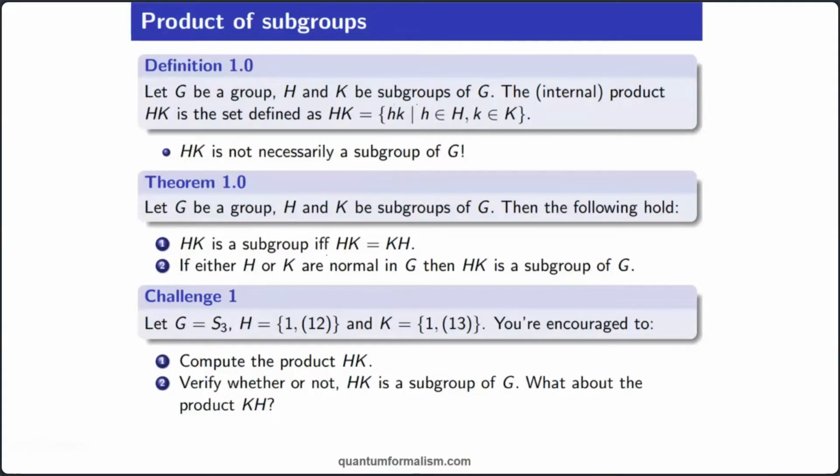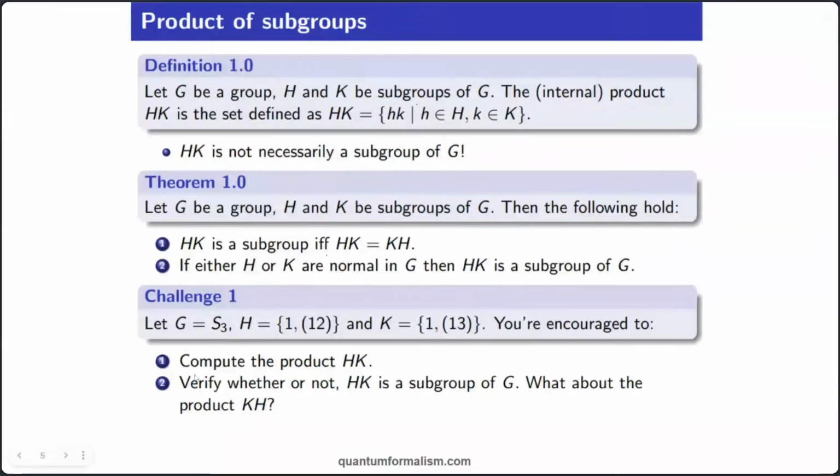An example, I know everyone is tired of permutation groups, but until we get to matrix groups, they are our favorite toy examples. So the example here is G to be S3, and H is made of the identity permutation and the cycle (1 2), and K is made of, obviously, because they are subgroups, they need to contain the identity, so K also has the identity permutation, but it has the cycle (1 3).